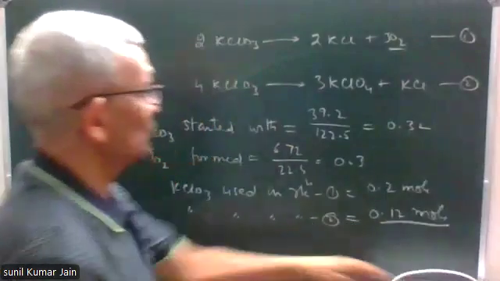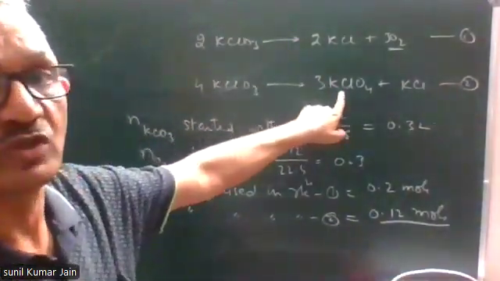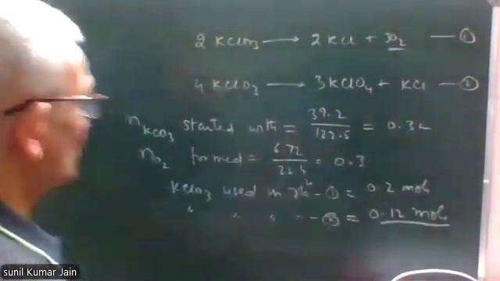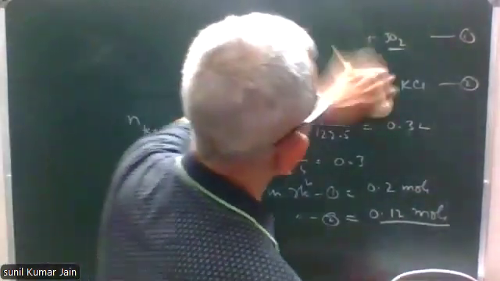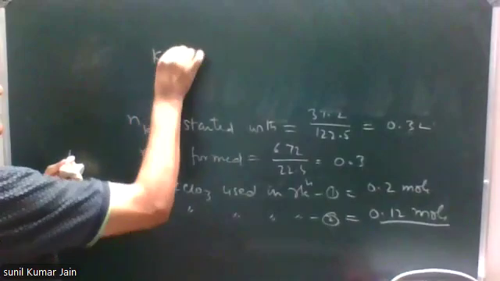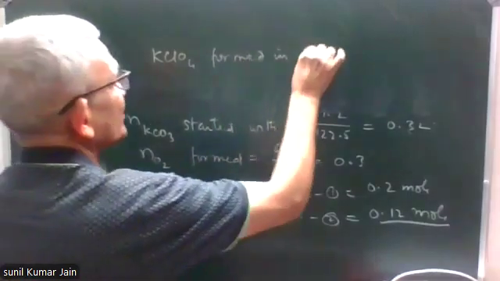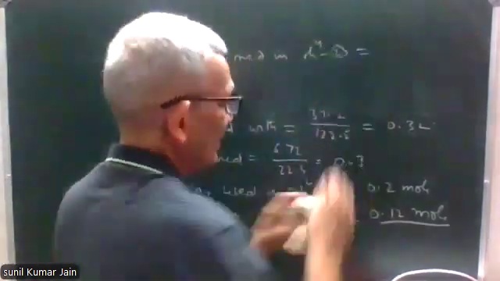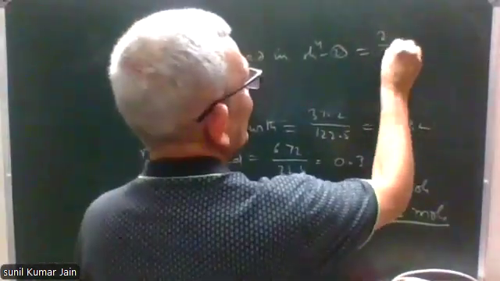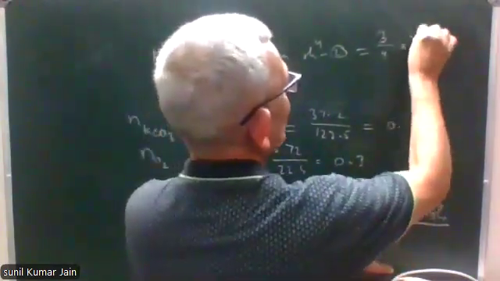Now look at equation 2. 4 moles of KClO3 gives 3 moles of KClO4. So 0.12 will give how much? So I'm directly writing now. KClO4 formed in reaction 2: 4 moles gives 3 moles. 1 gives 3 divided by 4 moles. And 0.12 gives how much?